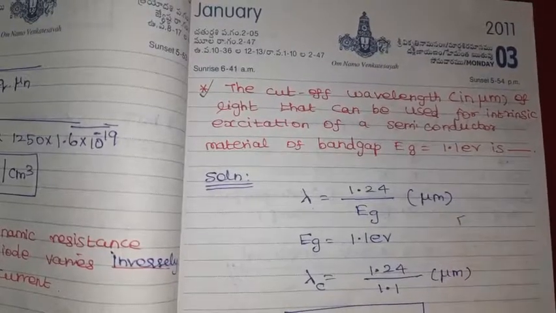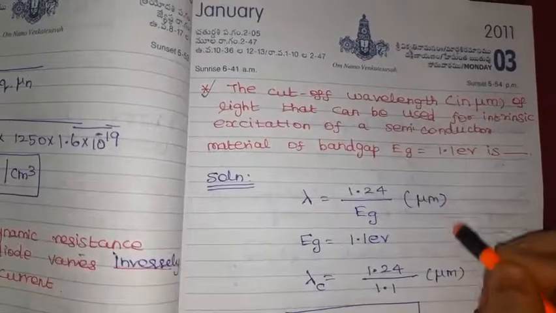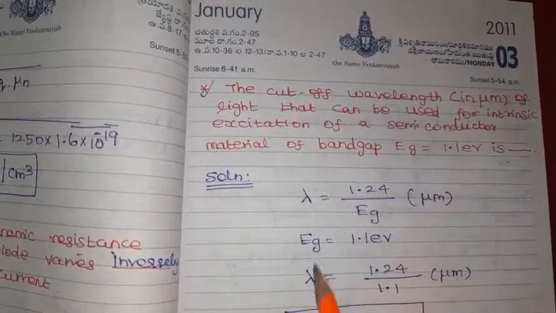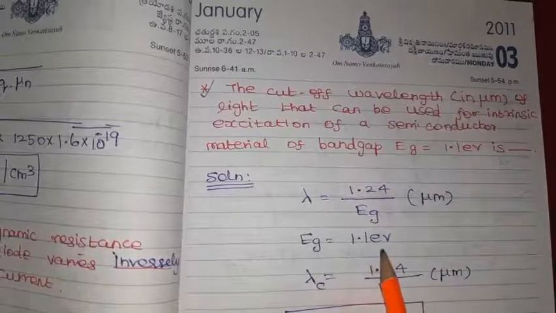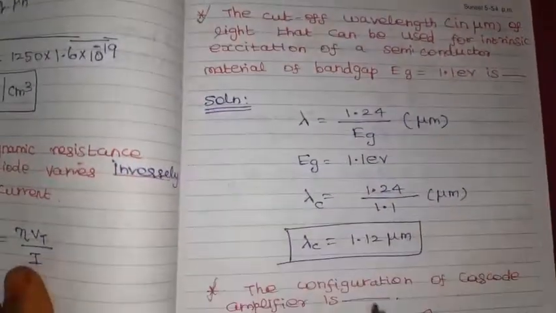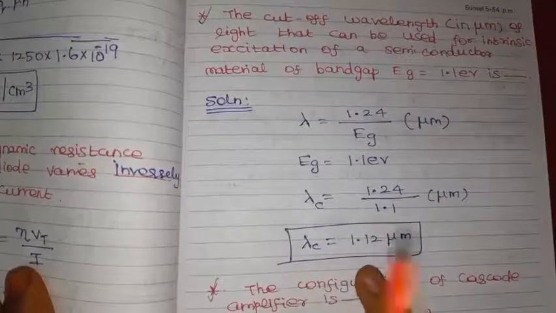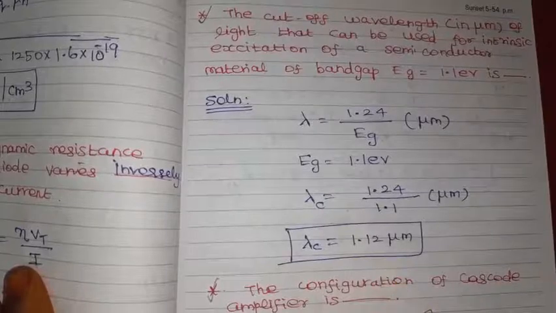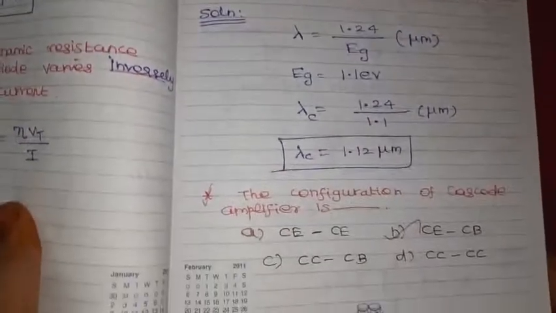Just substitute the Eg value, 1.1 electron volt, here. Then the cutoff wavelength is 1.24 divided by 1.1, we will get 1.12 micrometer. Then move on to the next question.